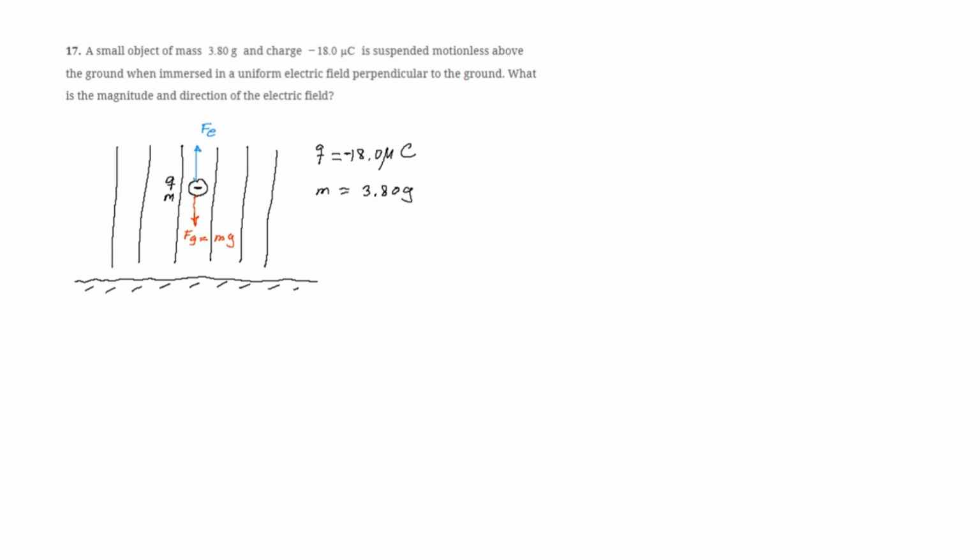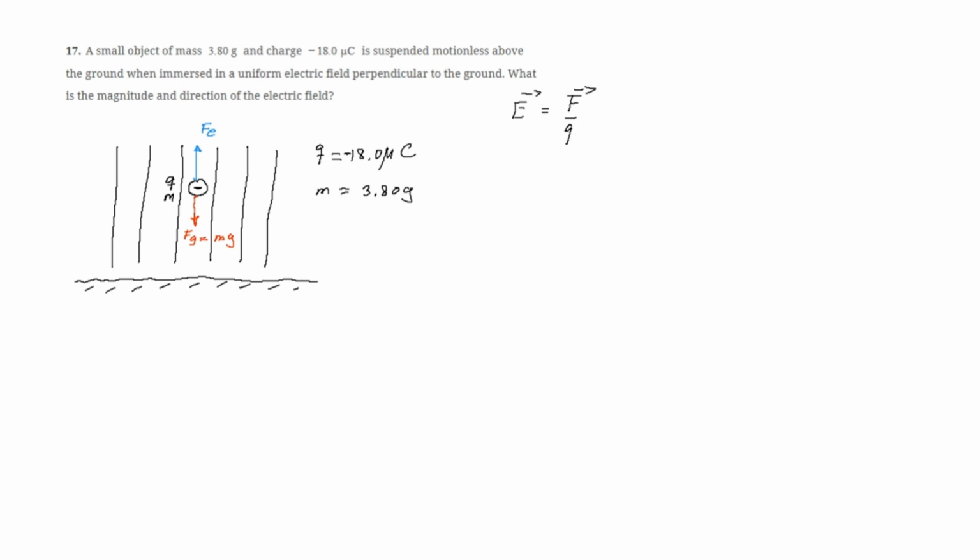Now, what happens with the forces and the electric fields is this. We know that the vector electric field is equal to force divided by the charge of the particle.